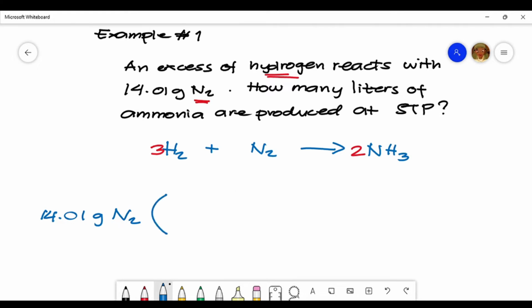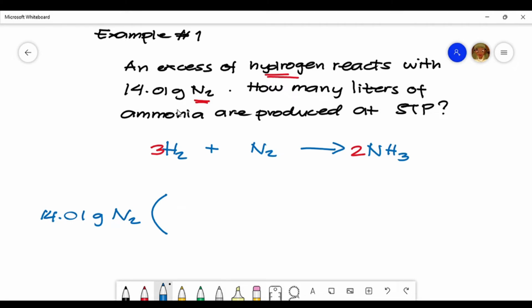When we say dimensional analysis, we opt to cancel out units to achieve what we're looking for. So our end units for the final answer should be liters of NH3, or liters of ammonia.